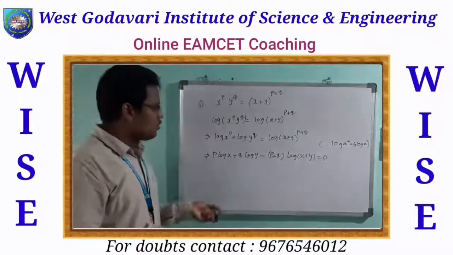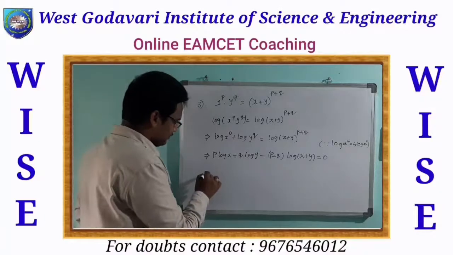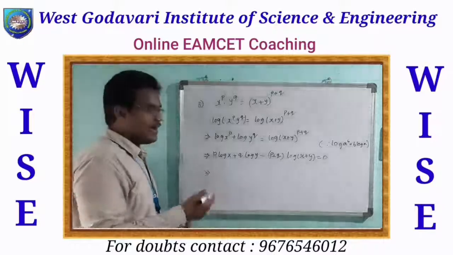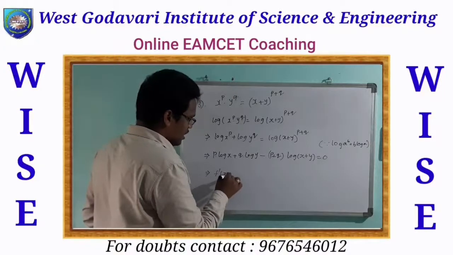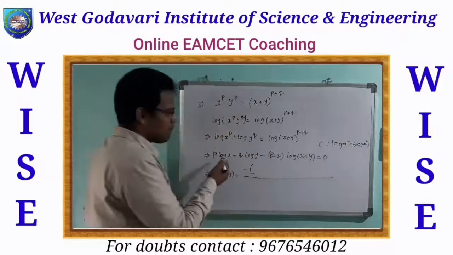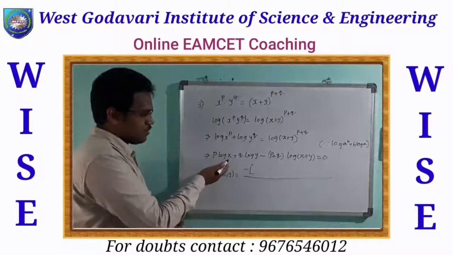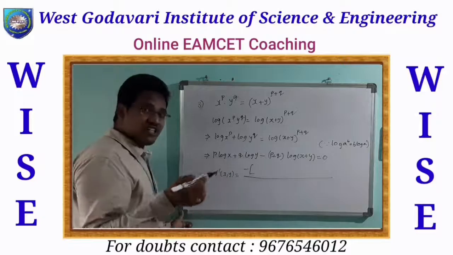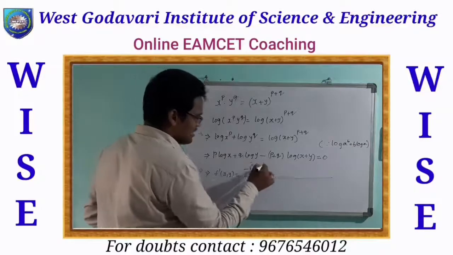So now we have to apply the shortcut method technique, that is, dy by dx equals minus f dash of x by f dash of y. So f dash of x is equal to, differentiating with respect to x, where y is constant. P is a constant, so p into log x gives 1 by x.